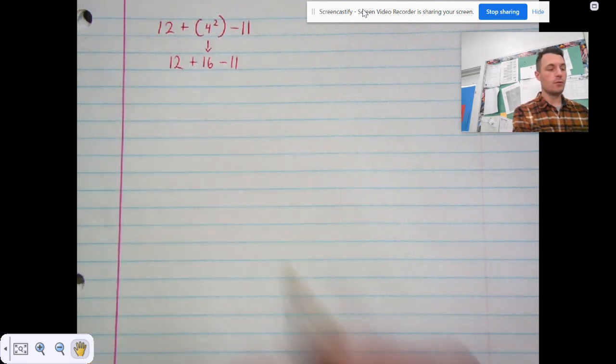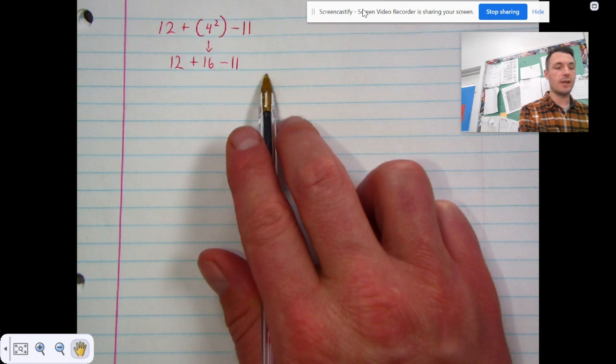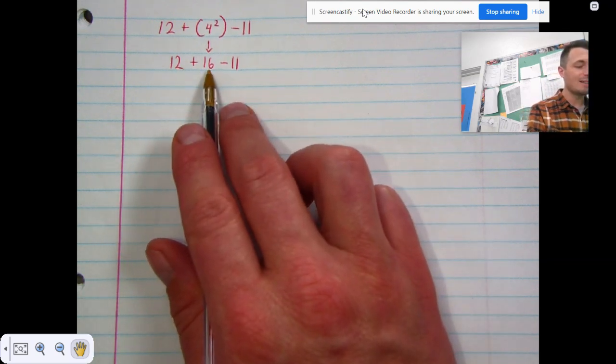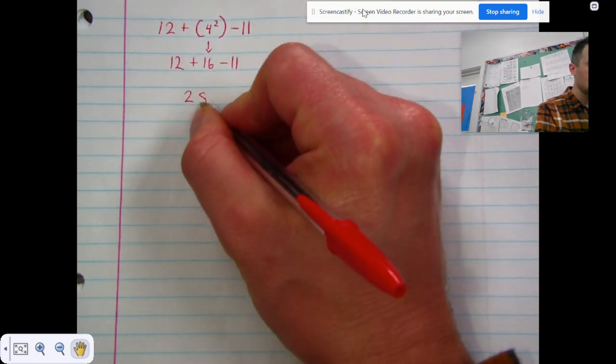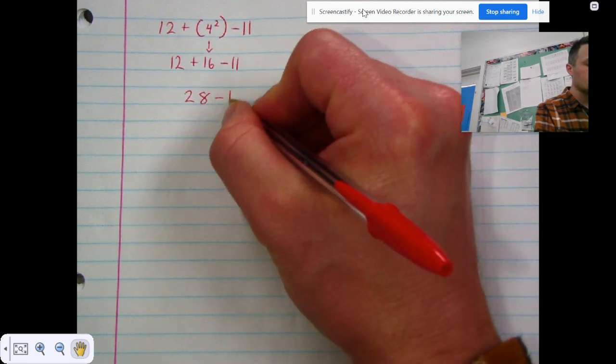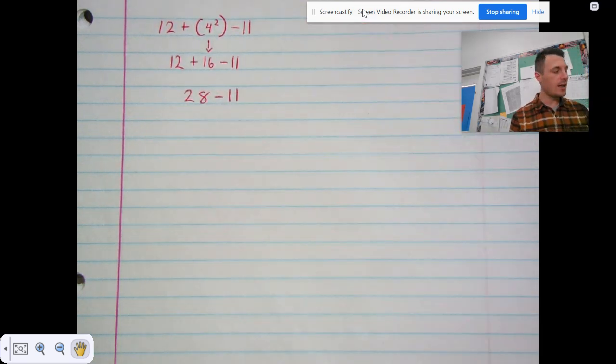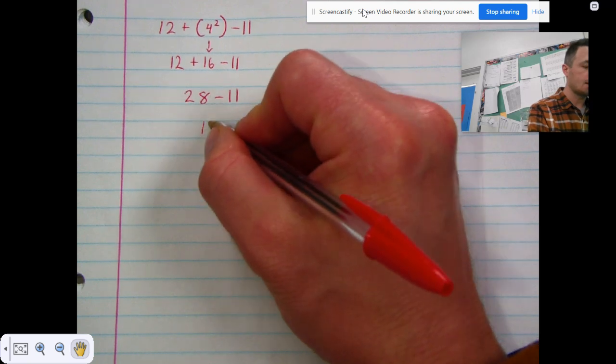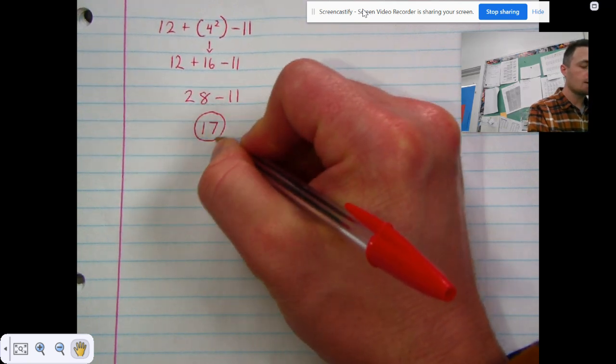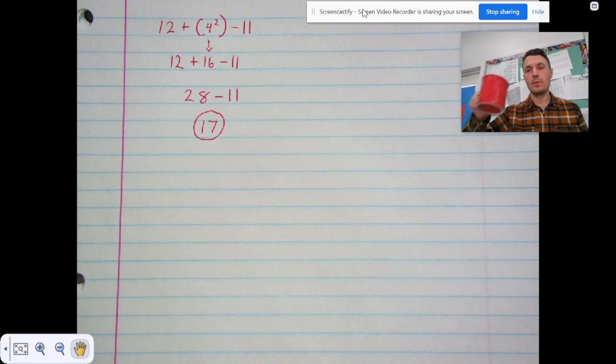We do it from left to right. So 12 plus 16 is 28. Now we have minus 11. And 28 minus 11 is 17. So that's the final answer.